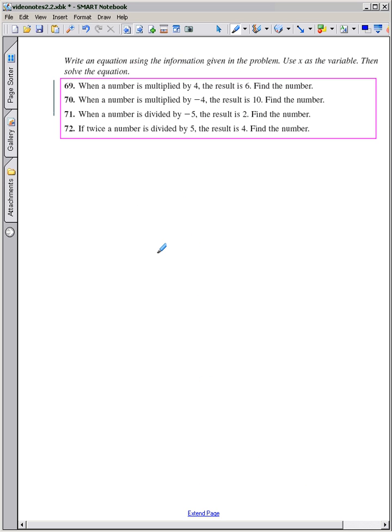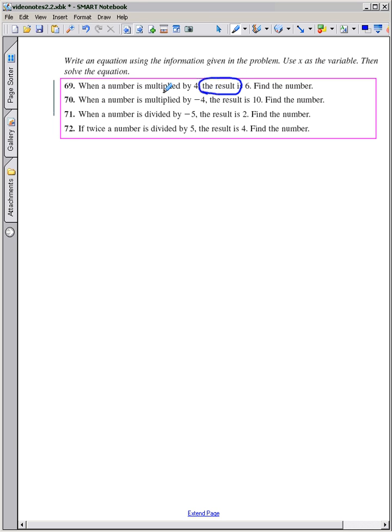Now here, this is translating. So number 69 says when a number is multiplied by 4, the result is 6. Find the number. So here is our equal sign, right? The result is equals 6.